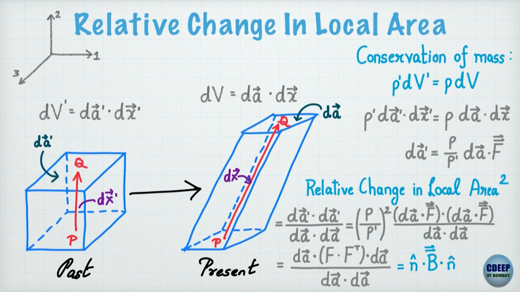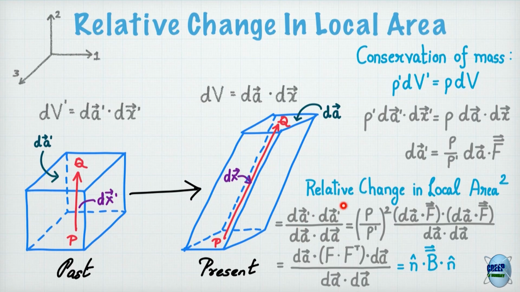Alright, so we are back here. We had reached up to this point, dA dash here, and now we want to define the relative change in local area, and so we want the magnitudes of the area. To get a magnitude of the vector you dot it with itself. So, these would be the square of the magnitudes, dA dash dot dA dash and dA dot dA.